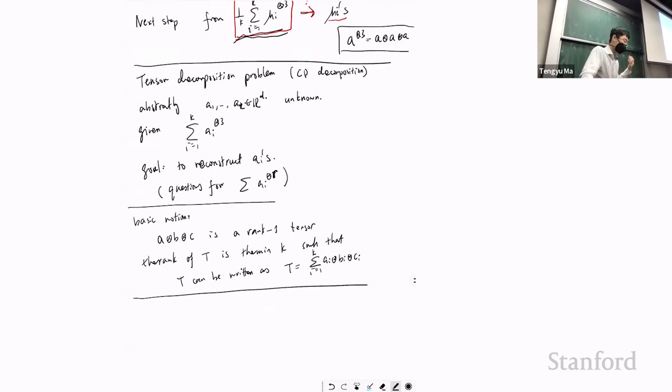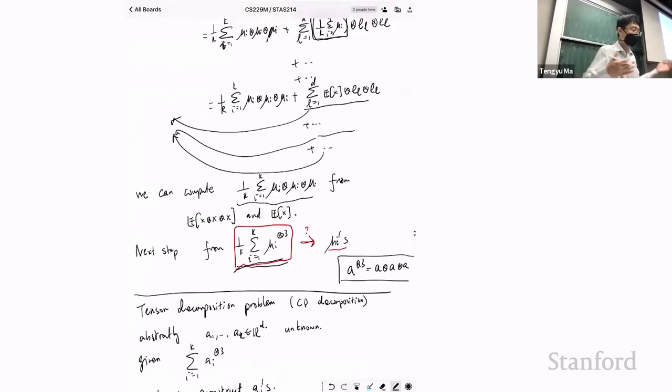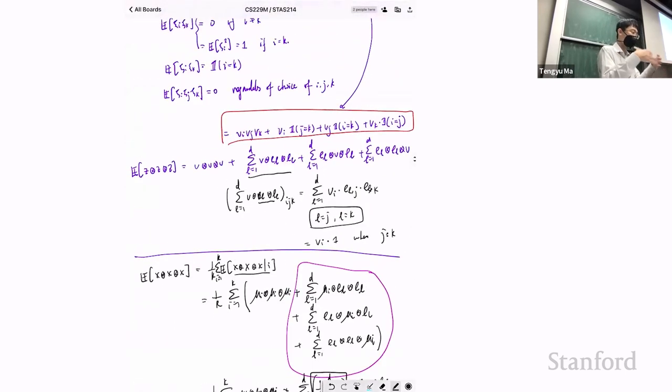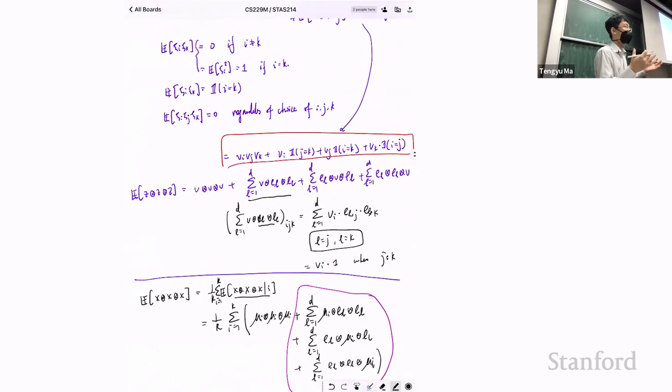I think this area became very popular around 2012, 2013. In the very beginning, a few papers laid out the framework for this whole thing: how do you compute the moment, and how do you convert it into a tensor decomposition problem? Then those papers provide some somewhat easy tensor decomposition algorithms, or they actually invoke some of the existing tensor decomposition algorithms.